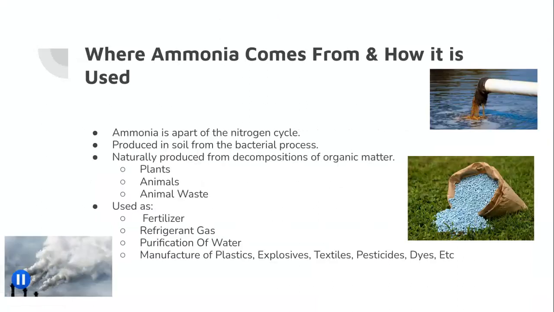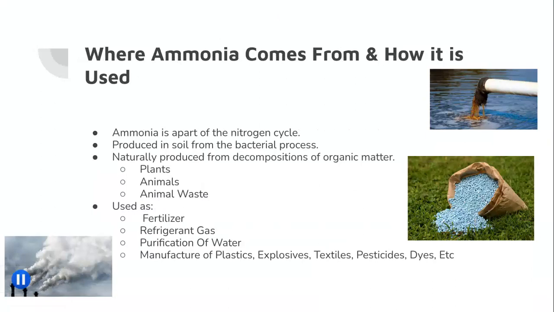Where ammonia comes from and how it is used. Ammonia is a part of the nitrogen cycle. It's produced in soil from bacterial processes, naturally produced from decomposition of organic matter, such as plants, animals, and animal waste.